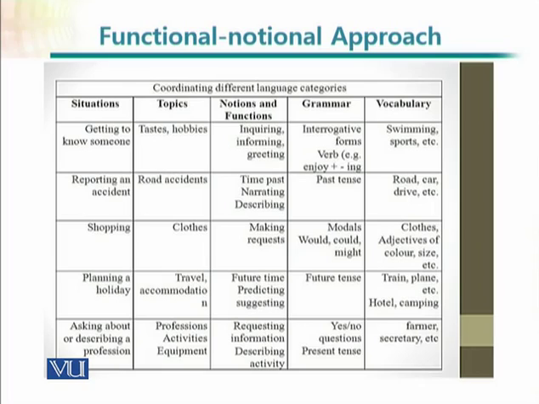And vocabulary like train, plane, mode of traveling. Then the places for accommodation like hotel or camping could be more relevant. These are just a few examples of how students could be exposed to these various terms of the functional approach. They might find it useful for their communication purposes.